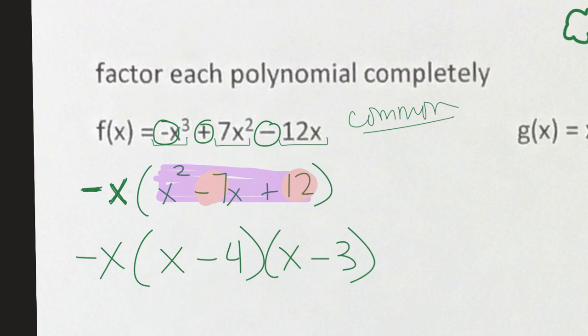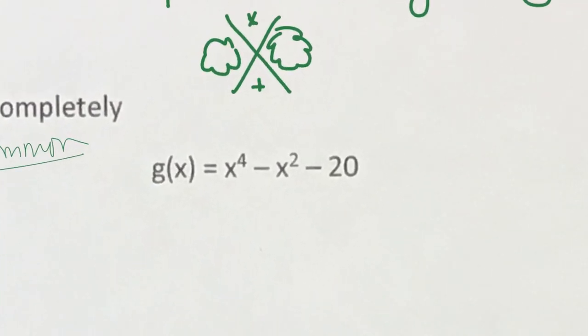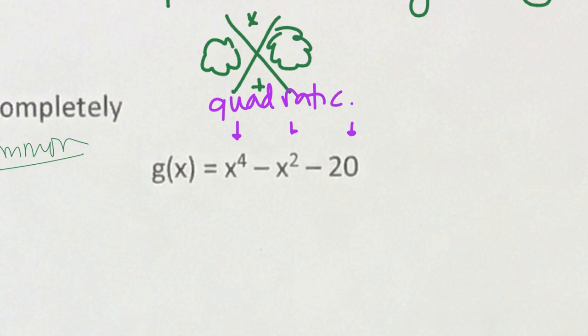So let's move over to look at g. It has a 4th degree and a squared and a number, so this is also a quadratic style factorization. What numbers multiply to give us negative 20 and add to give negative 1?